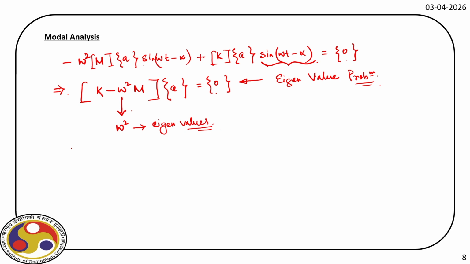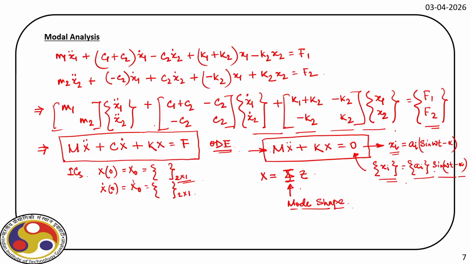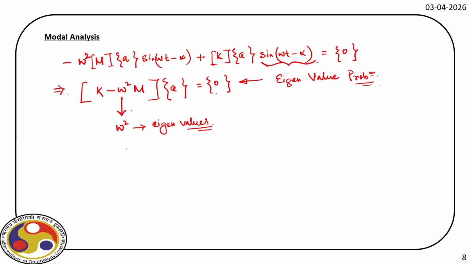Now, this phi is the mode shape. So phi is the eigenvector. You all are familiar with the eigenvalue problem. So just look at this expression. We need to solve the eigenvalue problem based on the stiffness matrix and mass matrix.